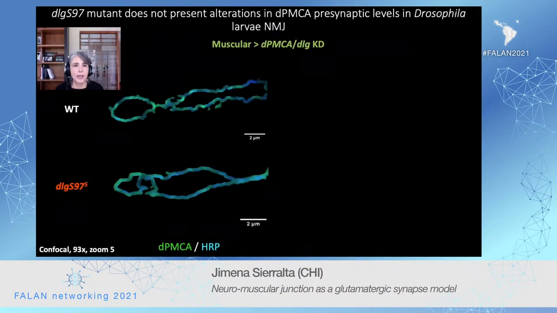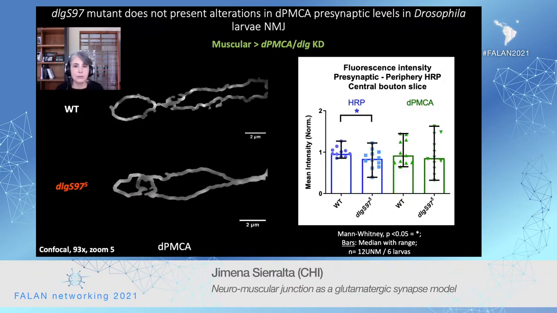So to determine the amount of PMCA in DLG mutants, we made a ROI around the presynaptic membrane and quantified the amount of PMCA. And we didn't find a difference between controls and DLG mutants in the total amount of PMCA.